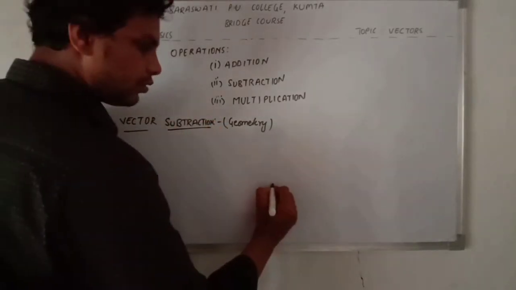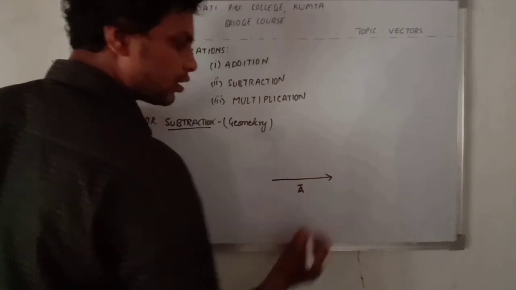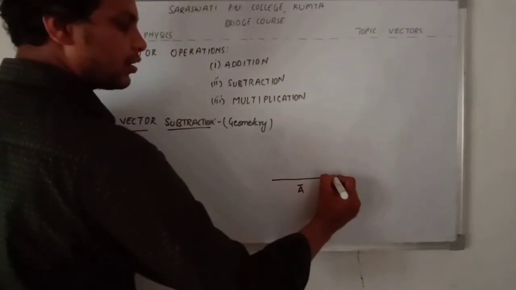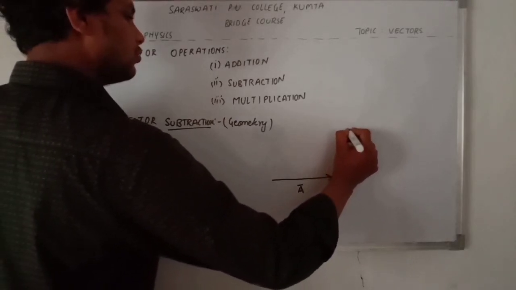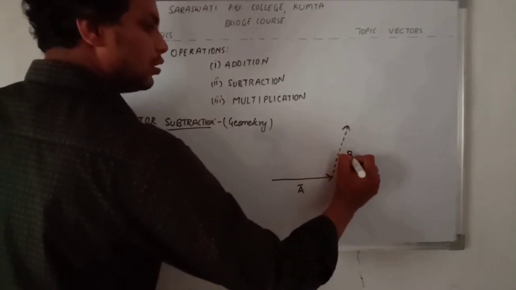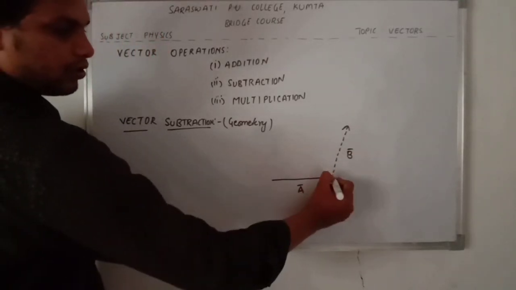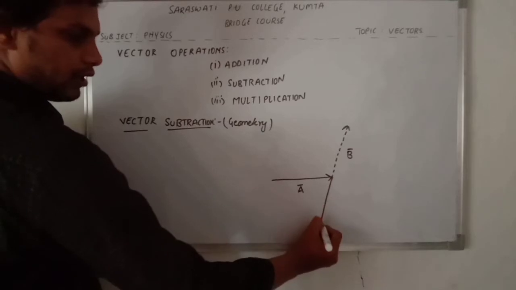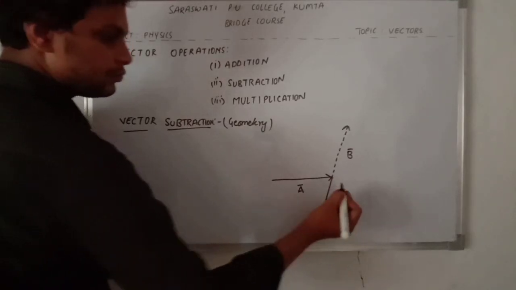Now let us consider this as vector A bar, and let us take this as vector B bar. Now I will take the opposite of the vector. I will take this opposite vector as minus B bar.